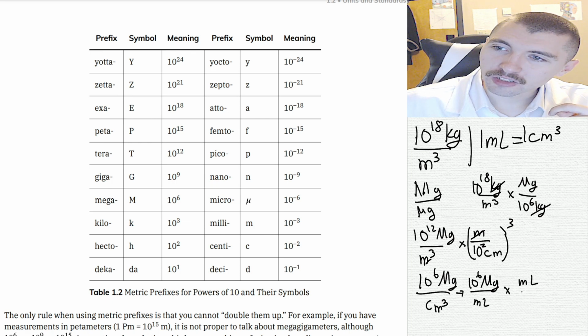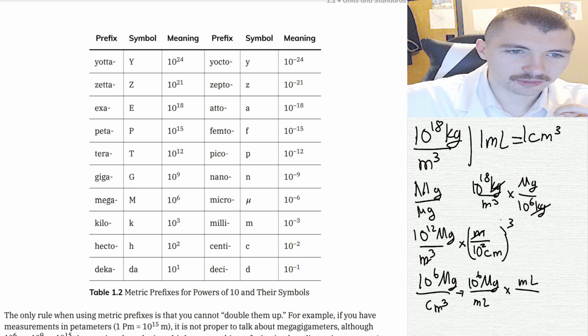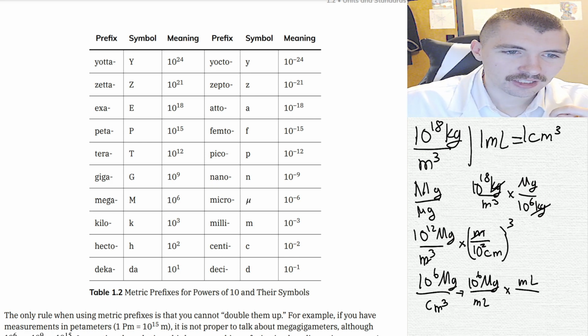How many milliliters are in a microliter? So going from kilo to mega is 10 to the 6.